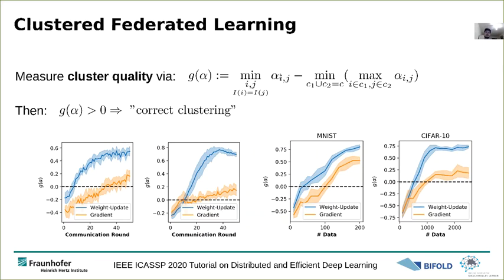And as long as this value g of alpha here is greater than 0, we know that we will always get the correct clustering from our separation method.